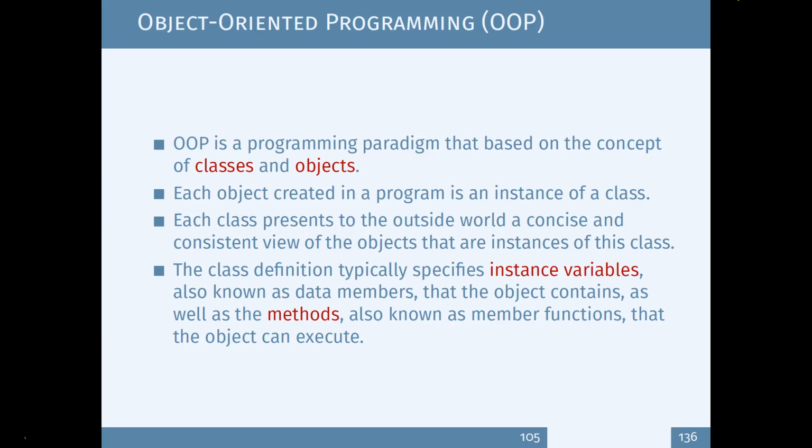So basically, the class represents what is available in the outside world. We can provide a consistent view of the objects that we can use as instances of this class.